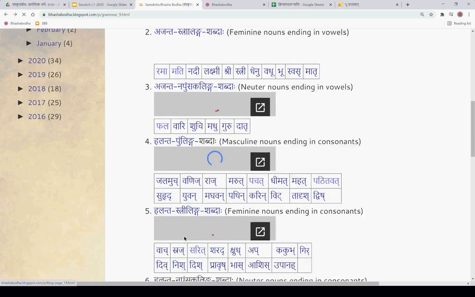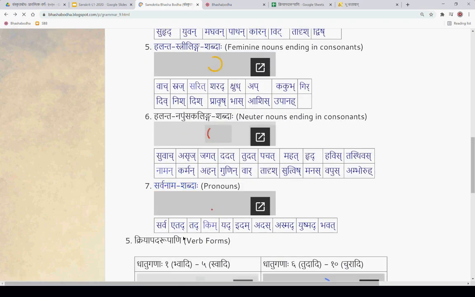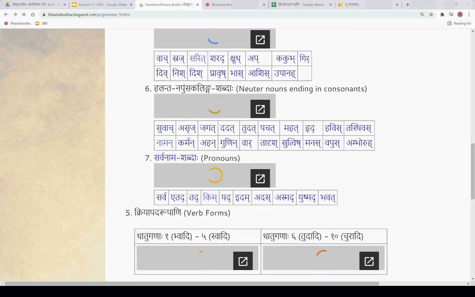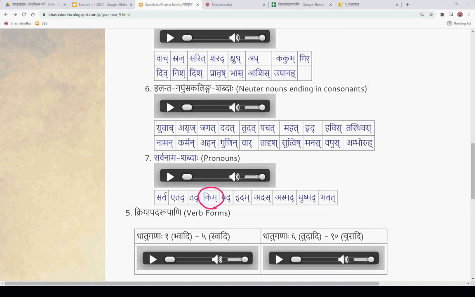The root word, Pratipadikam, for all three, Kaha, Ka, Kim, is Kim.